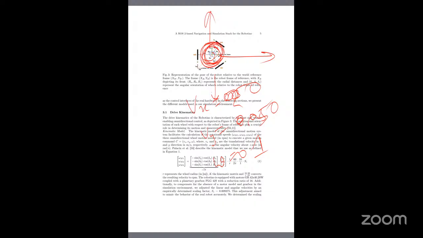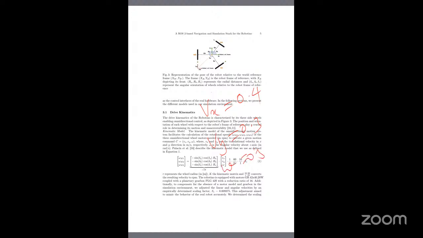But if you give Vx equal to 0.4, Vy equal to 0.3, omega equal to 0.5, it will move forward as well as sideways and rotate, all three.